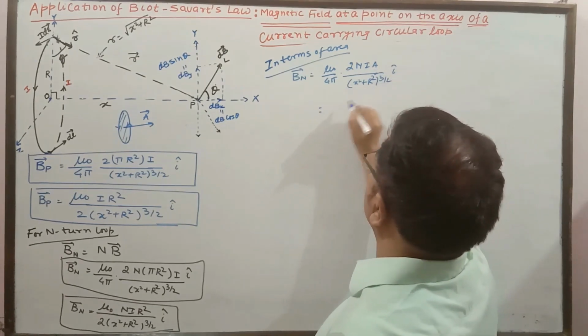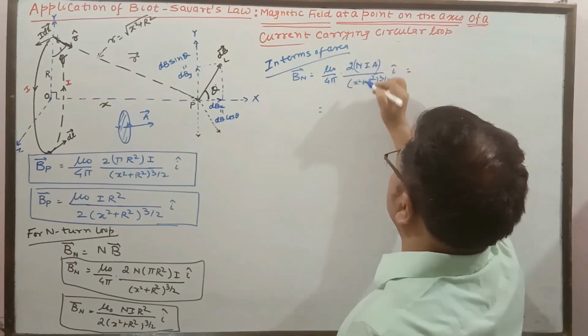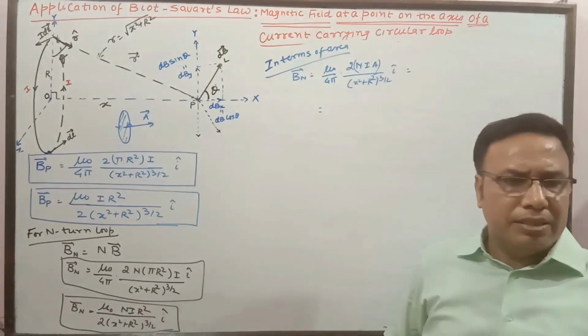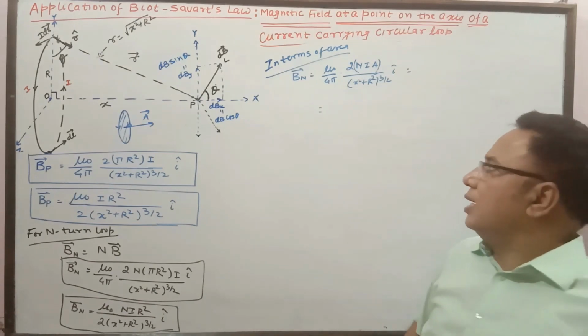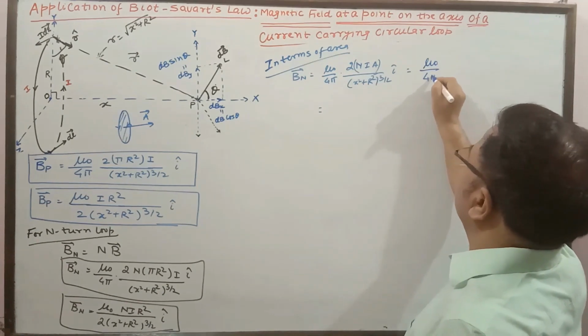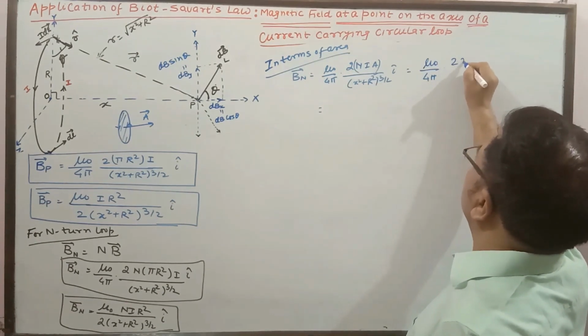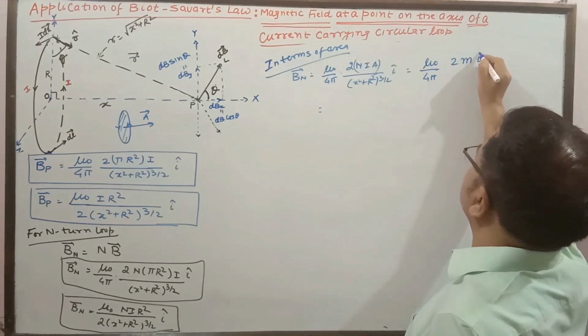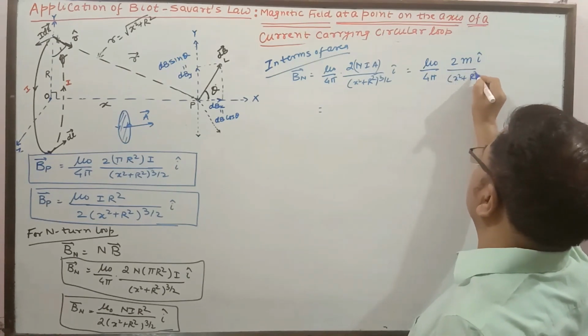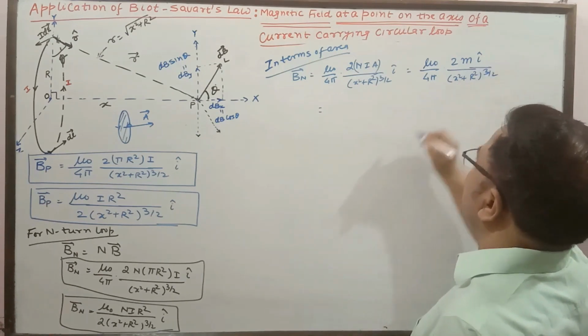And this can also be written in terms of NIA, denoted as the magnetic dipole moment of the loop. This magnetic dipole moment is mu naught upon 4 pi into 2 small m I cap, divided by x square plus r square whole 3 by 2.